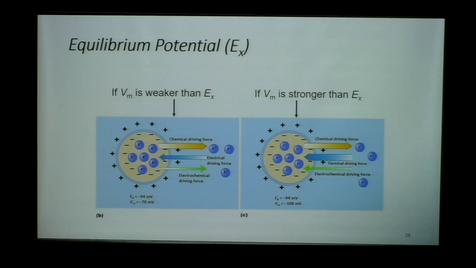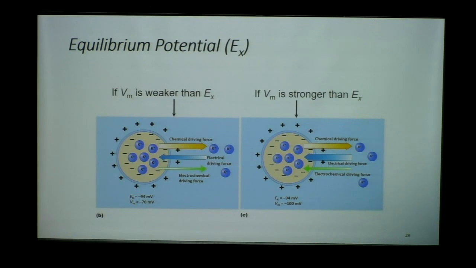If the membrane potential is stronger than the equilibrium potential, and that's what we can see here, the membrane potential is negative 100, and now these are absolute values, so it's becoming more negative, meaning that there's a greater magnitude of the force here, whereas the equilibrium potential is only negative 94.